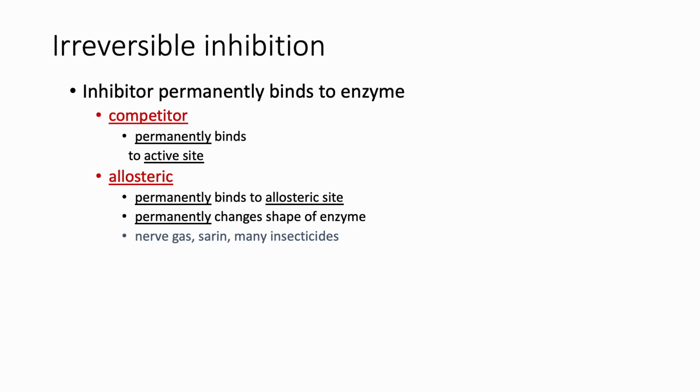Examples of irreversible inhibition would be the nerve gas sarin and many insecticides. Nerve gas is used in warfare, where it's going to deactivate the neurotransmitters.